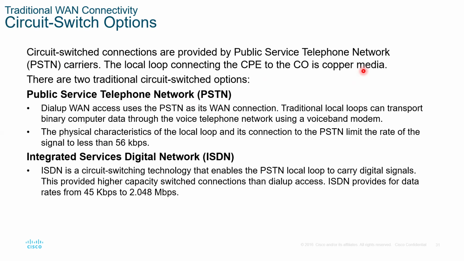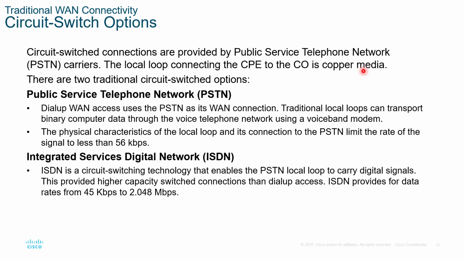So PSTN is analog. Over the same telephone lines, PSTN uses the analog technology. That's why it has a lower bandwidth. Then ISDN is a bit more advanced. Over the same telephone lines, we are now using digital technology. So it means we now have higher bandwidth because of that small change.